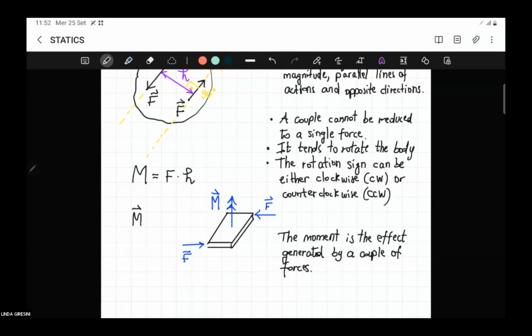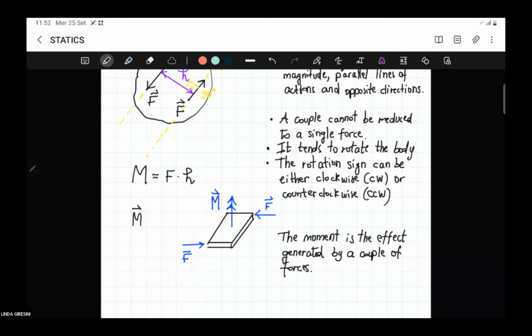What is the dimension of a moment? For example, this is a question without which you cannot pass the exam for sure if you don't know it, because it's so important.